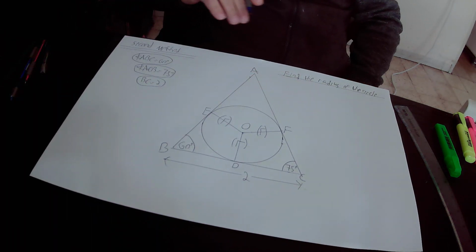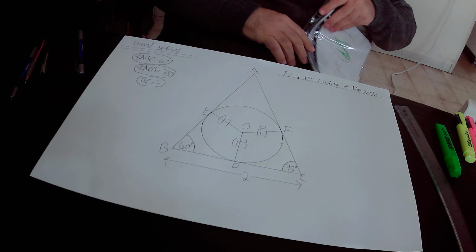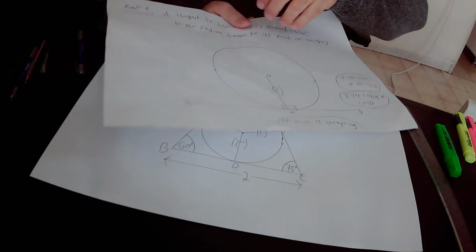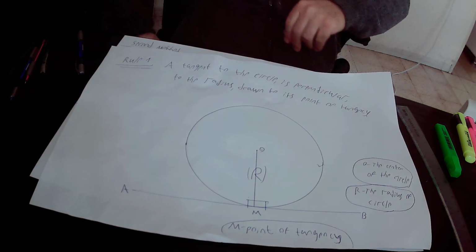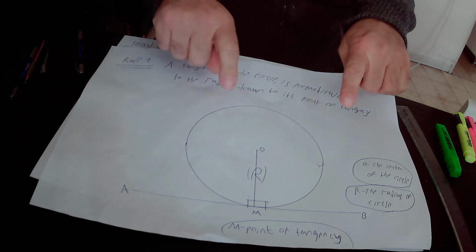Here we can implement rule number 1. According to rule number 1, a tangent to the circle is perpendicular to the radius drawn to its point of tangency. In the drawing we have tangent AB.